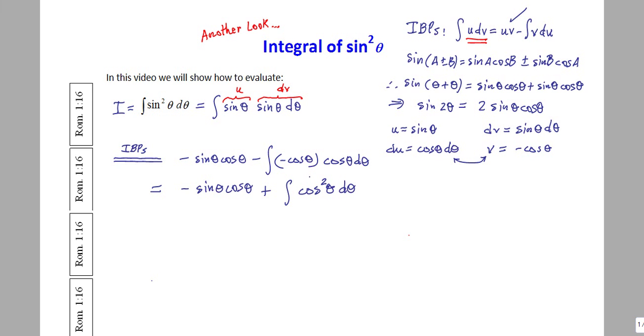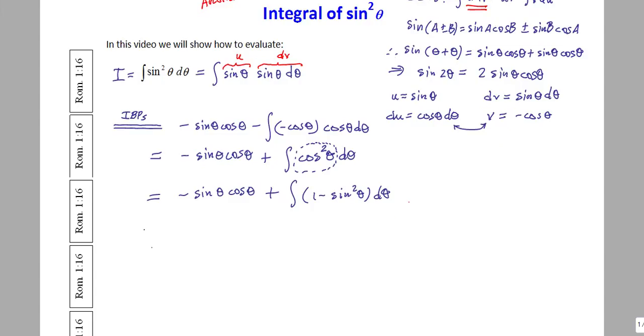And we now sub in our most used trig identity of them all, which says that sine squared theta plus cos squared theta is equal to 1. That means that what I just encircled there, that cos squared theta is 1 minus sine squared theta. So let's do that. We have, so minus sine theta cos theta plus the integral of 1 minus sine squared theta d theta.